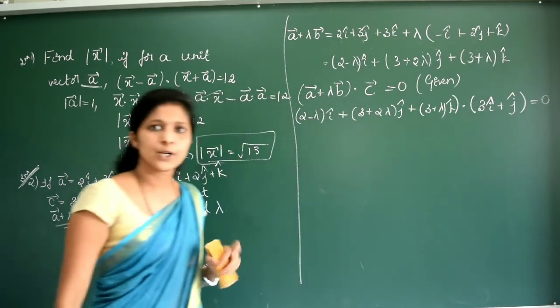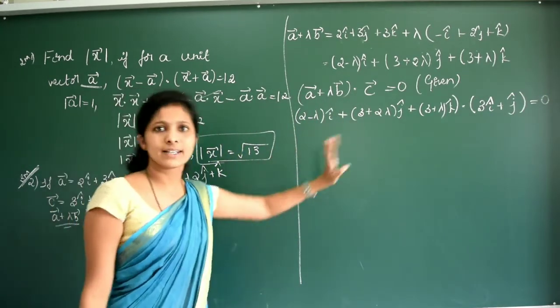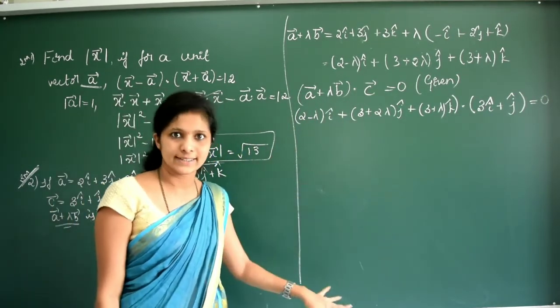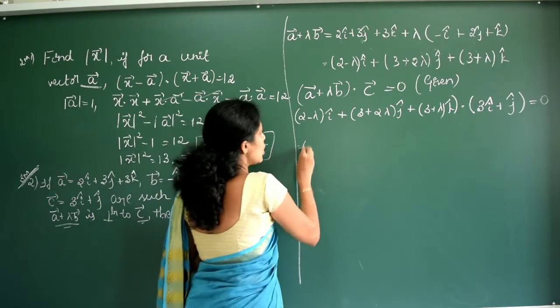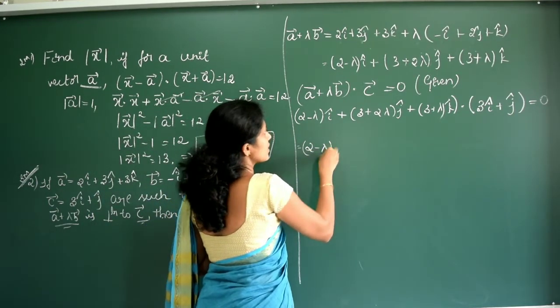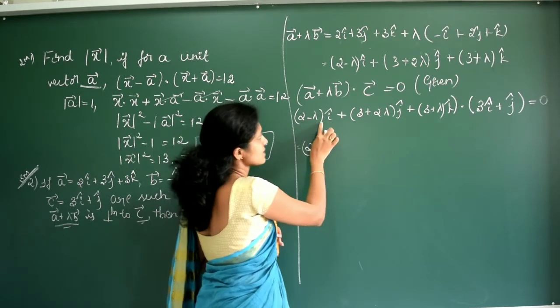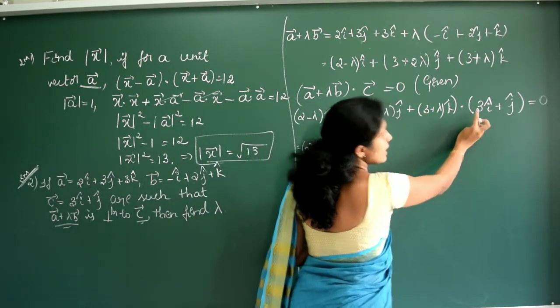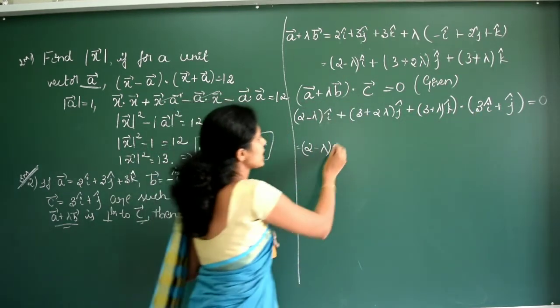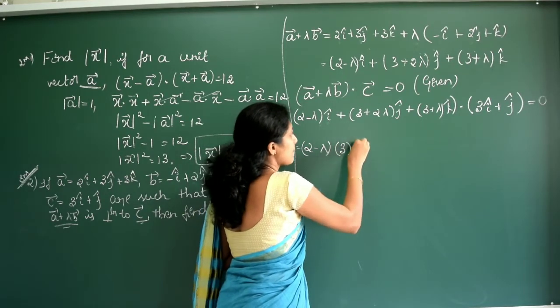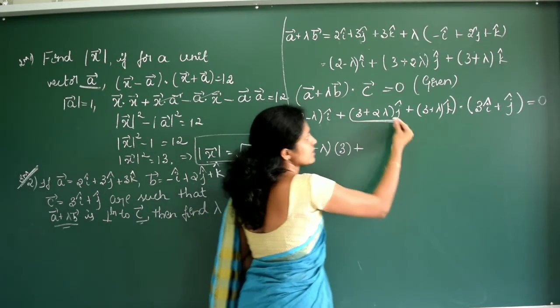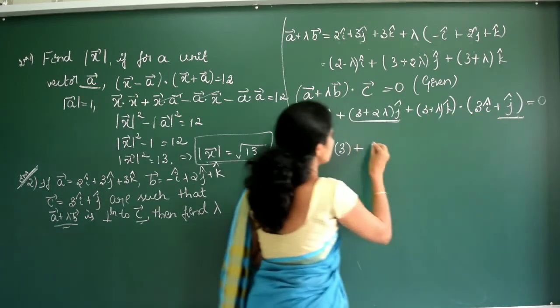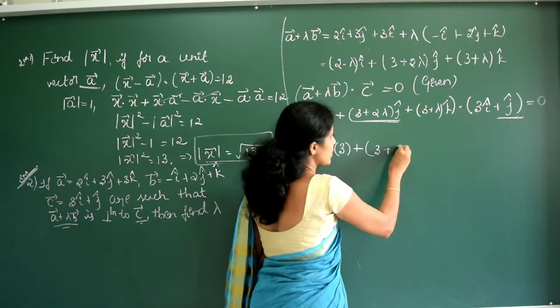Now dot product is nothing but you have to multiply the corresponding elements and add them, right? So this will be equal to now 2 minus lambda, coefficient of i cap, 2 minus lambda multiplied with 3, right? Plus next will be j, here j coefficient is 1, so it will be 3 plus 2 lambda into 1, I hope you are getting this.